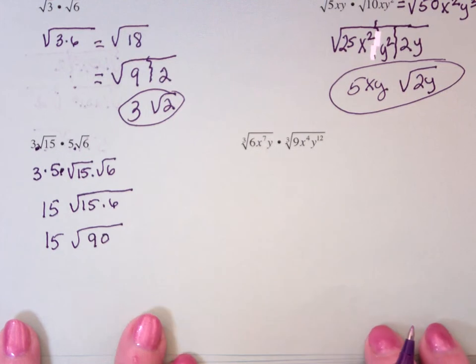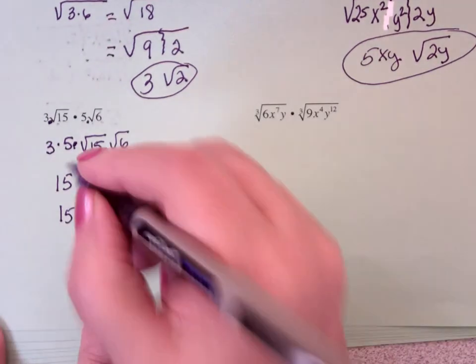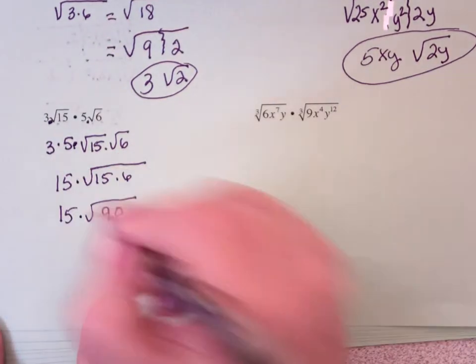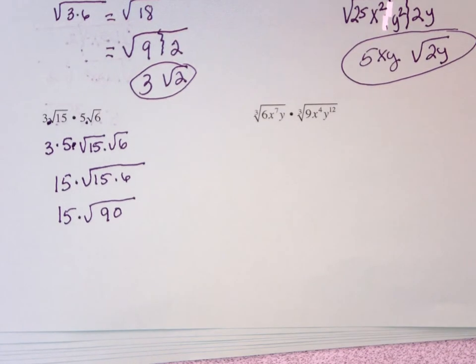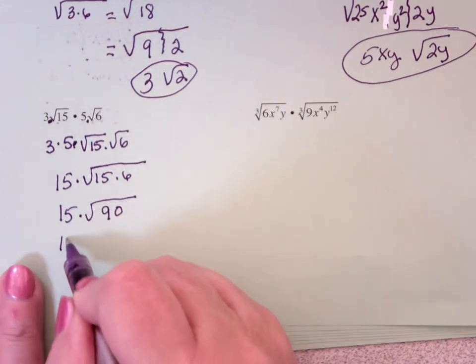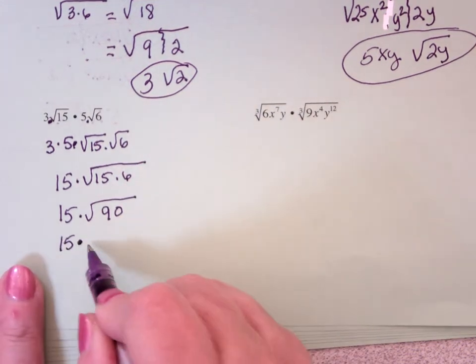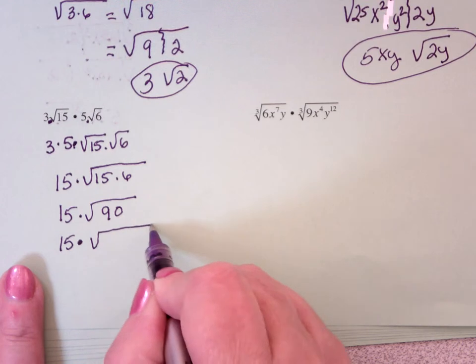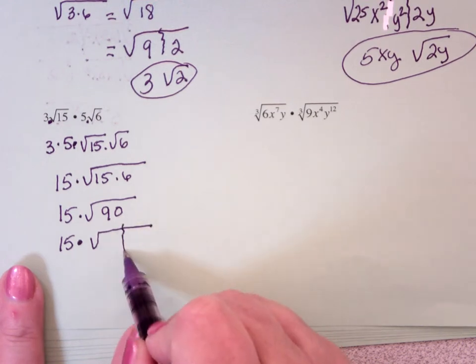And now this is where you need to kind of dot your I's and cross your T's, because things become very detailed. This is 15 times that radical. That means this radical can be broken down into the square and the unsquare.